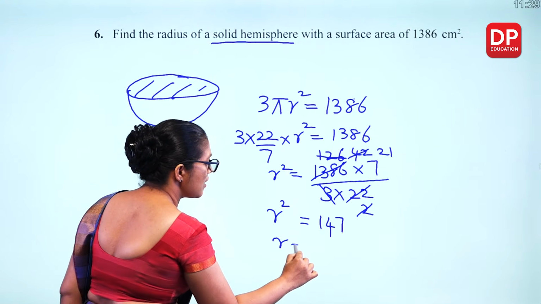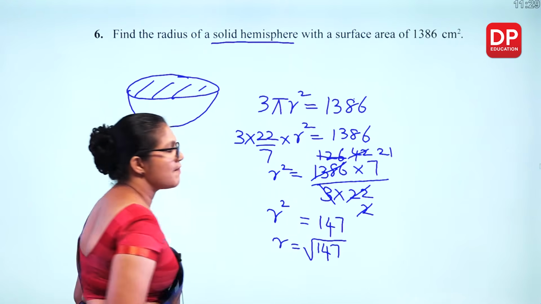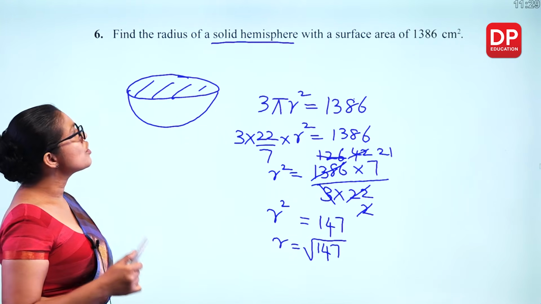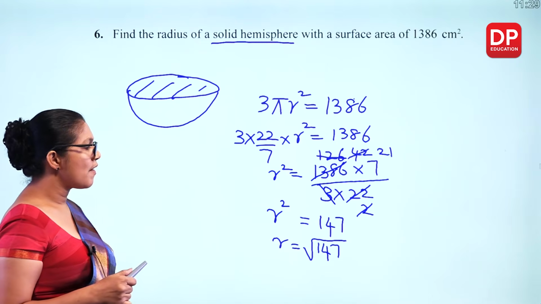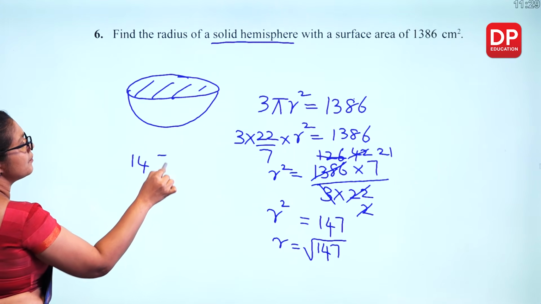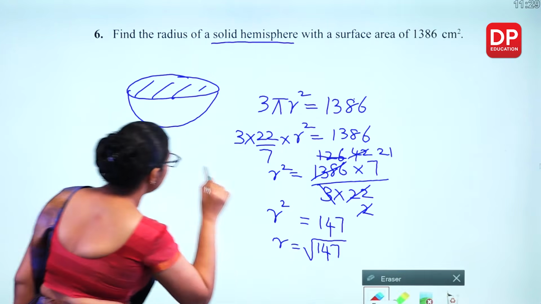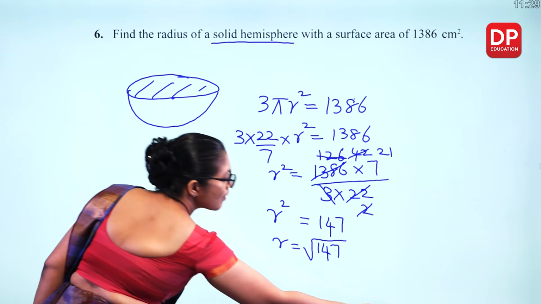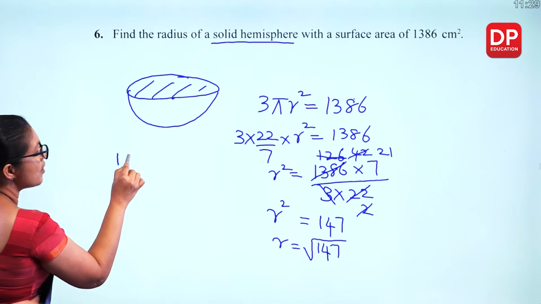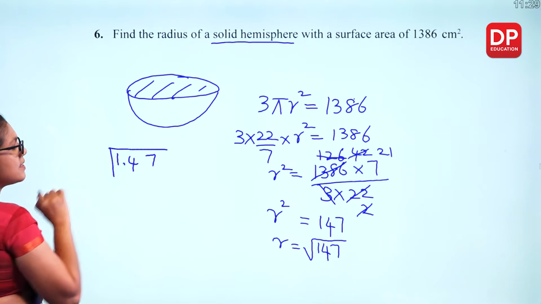So r equals the square root of 147. Use the division method to find the square root of 147. Take the number and pair up from here, then divide.